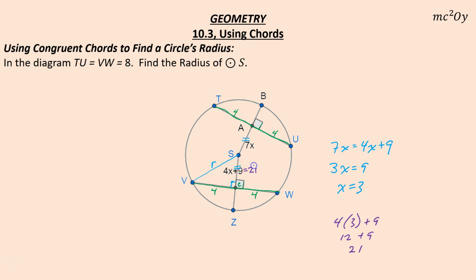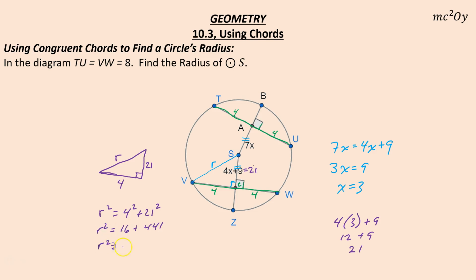Okay? So if I redraw that triangle right there, we have R, 4, and 21. Now obviously this is not drawn to scale because these measurements don't match to what our scale is, but that's the measurements we have. So R squared is equal to 4 squared plus 21 squared. Okay? And 21 squared is 441. 4 squared is 16.